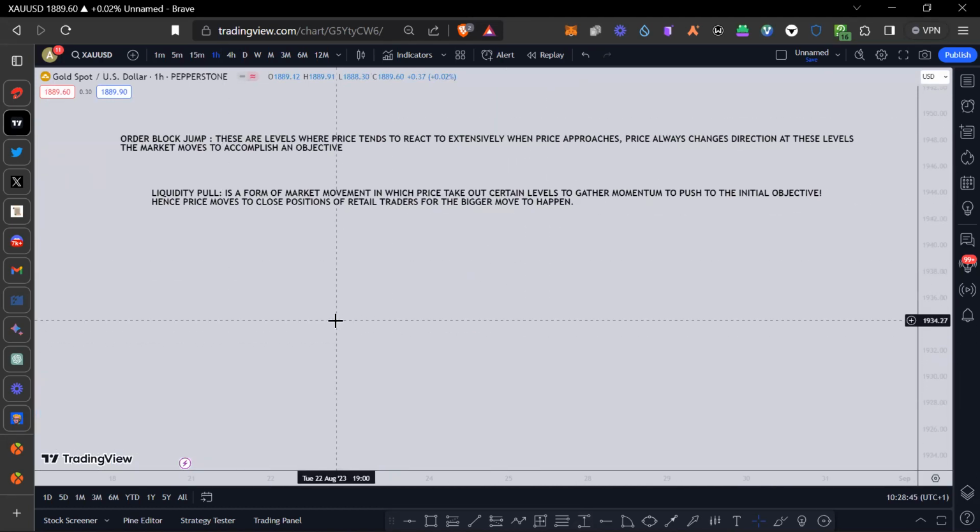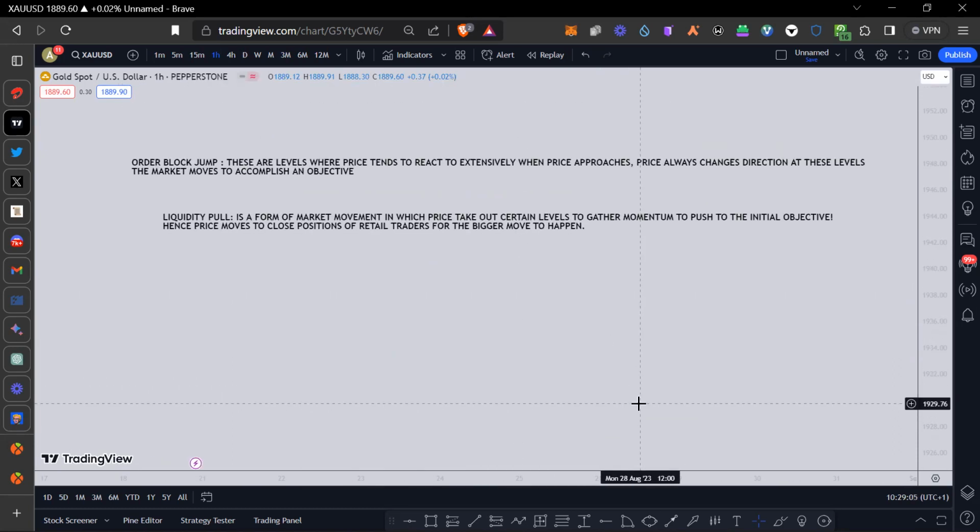So liquidity pool is a form of market movement in which price takes out certain levels to gather momentum to push the initial objective. Hence, price moves to close positions of retail traders for the bigger move to happen.